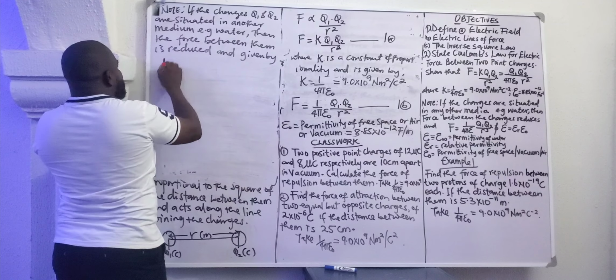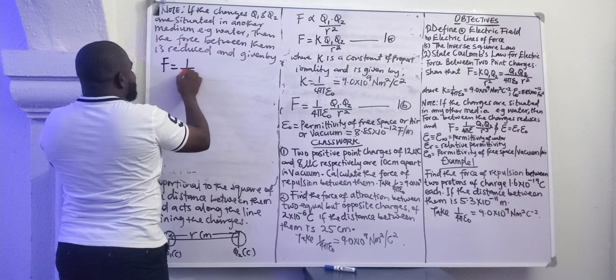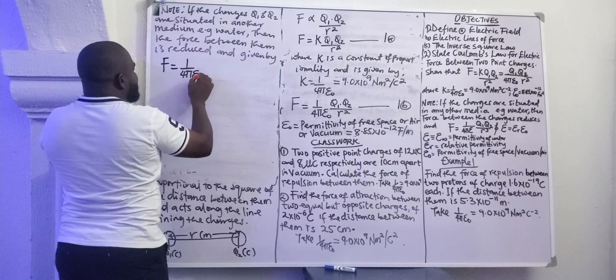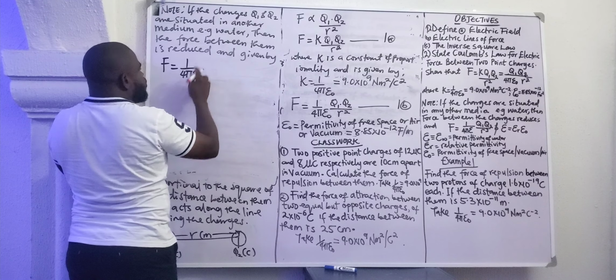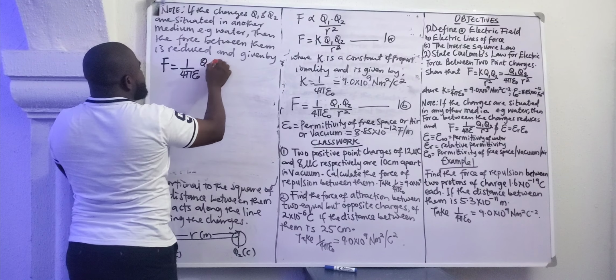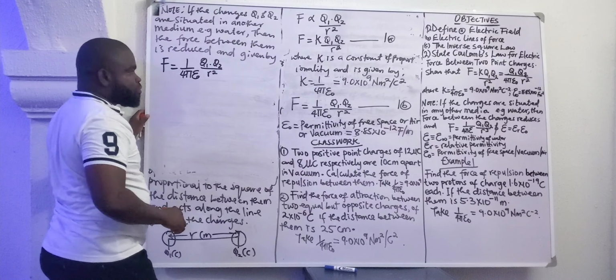So that force becomes F equals 1 over 4 pi epsilon, that's the permittivity of that particular medium, in this case water, Q1 Q2 divided by the radius square.